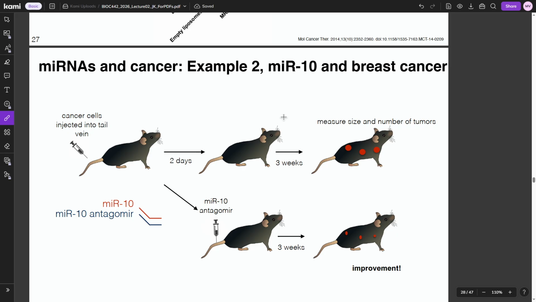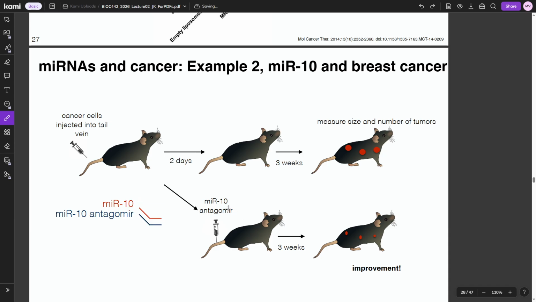So here's a different example. So cancer is injected into these mice. 2 days, 3 weeks, they have quite large cancer cells. But then if we look at this, you inject cancer cells, you add this antagomir, and then it leads to improvement. So the fact that the antagomir being added leads to better cancer means that this initial microRNA is probably binding to a tumor suppressor mRNA.